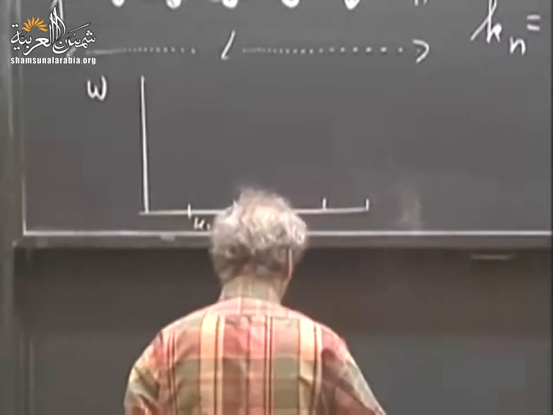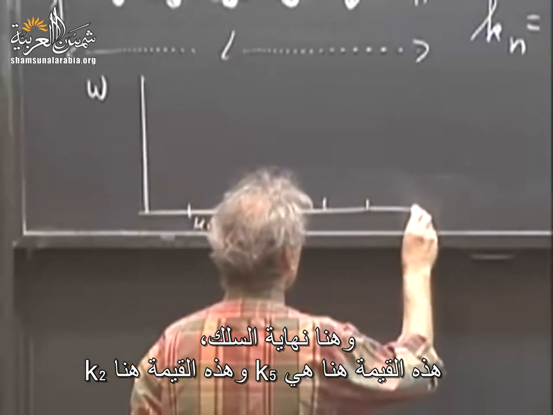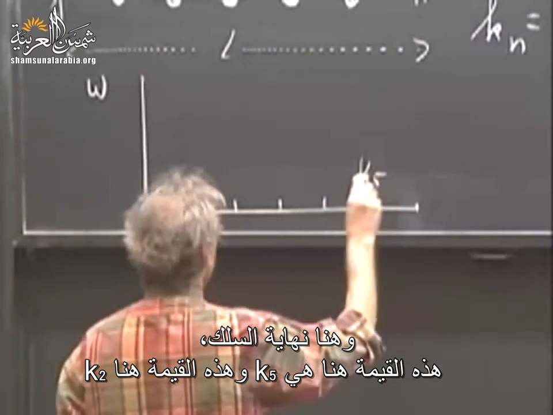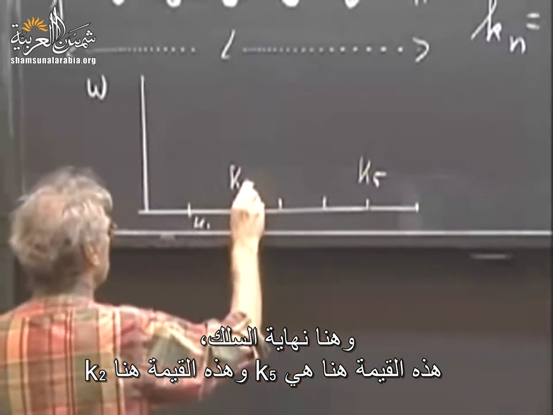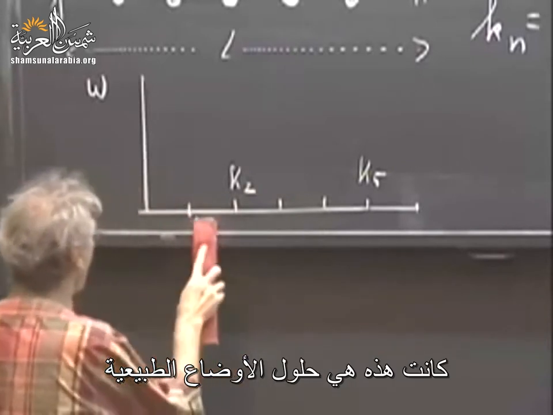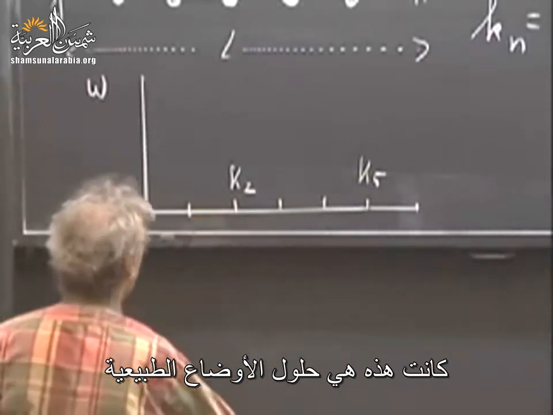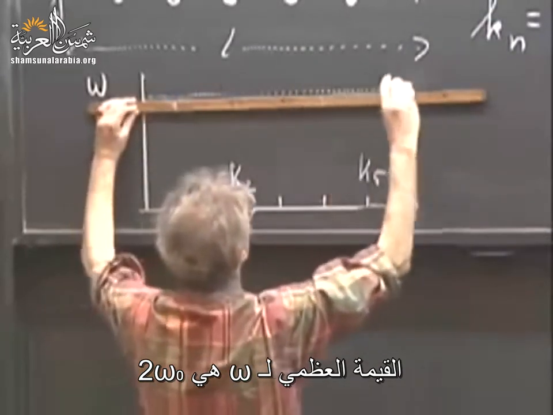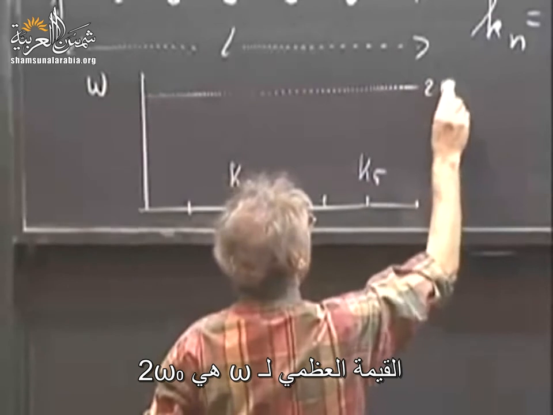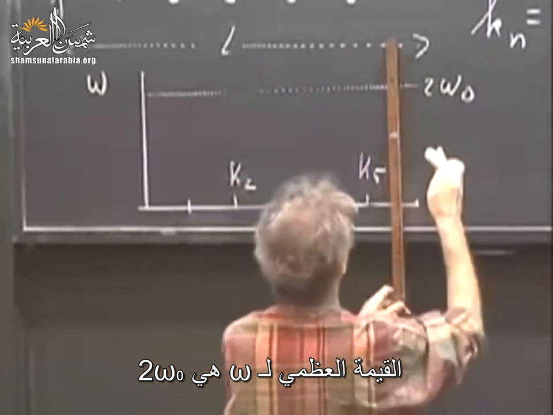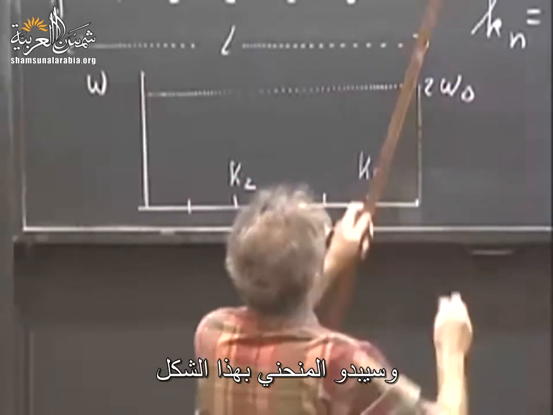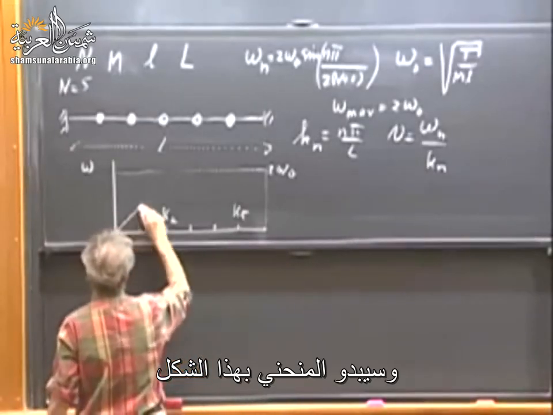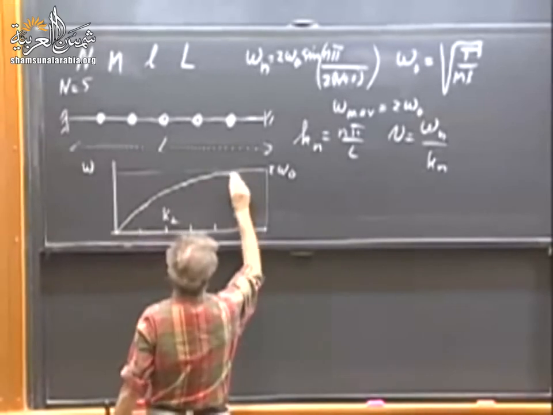And then here is the end of the string. So this value here is k5, and this value here is k2. Those are those normal mode solutions. And so the maximum value that omega can have is then 2 omega 0. And if I draw this curve now, it looks like this. It's a sine curve.